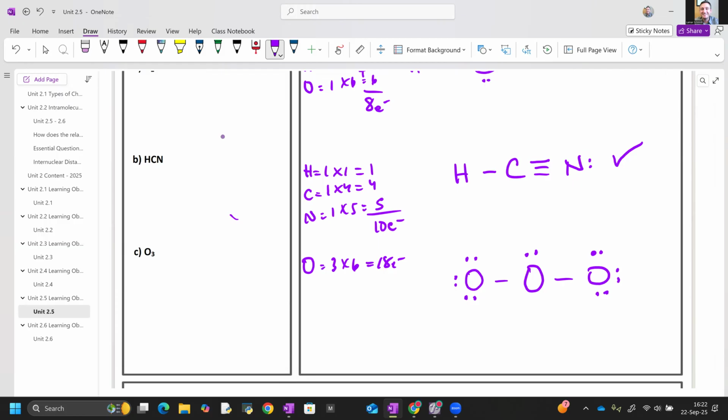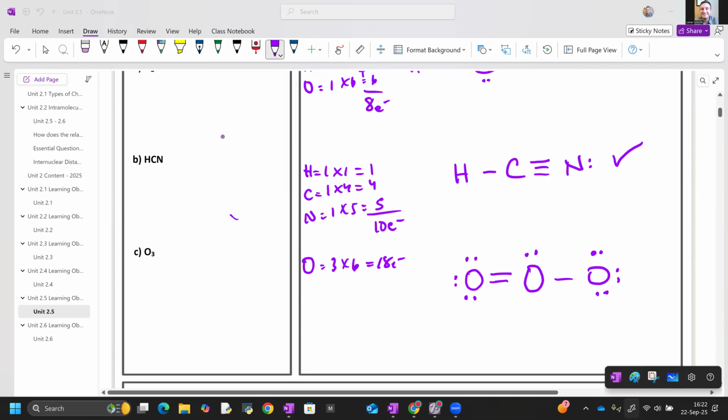It's not going to matter where we add this double bond. We can add it to this side or to the other side. But the most important thing is that when we add that double bond, we are removing 2 electrons from this atom so that it does not have more than the octet.